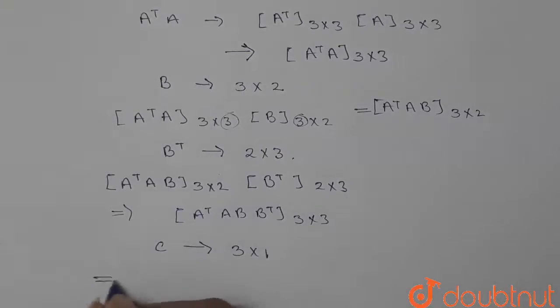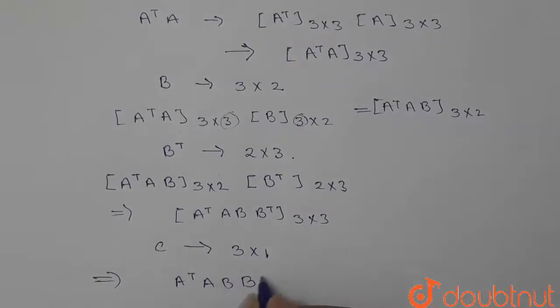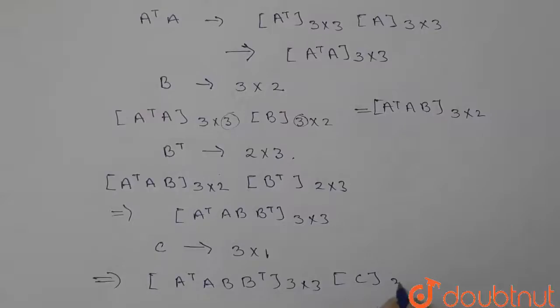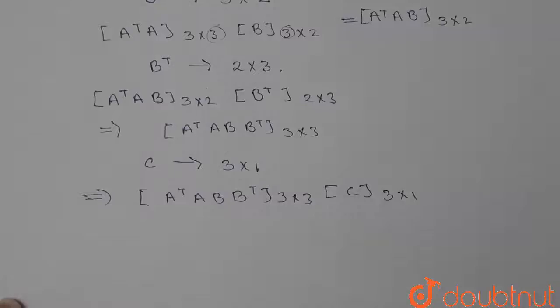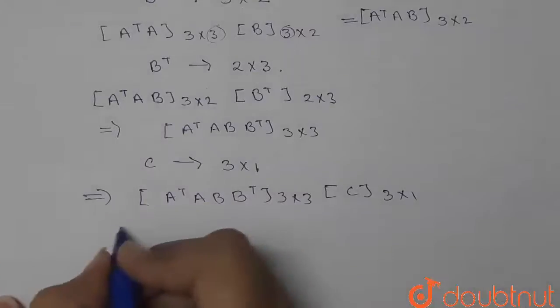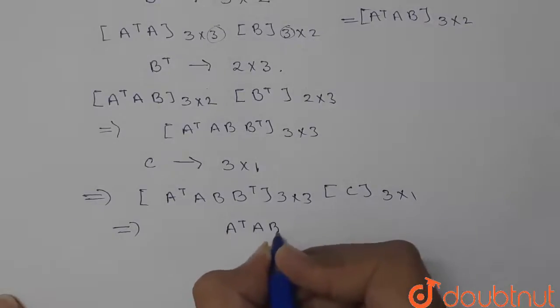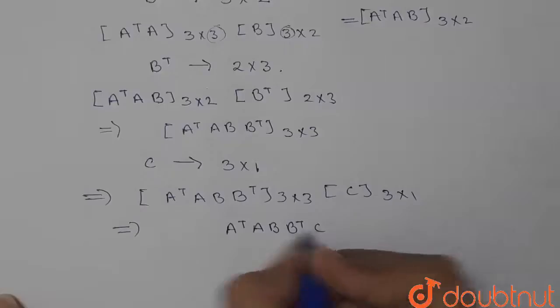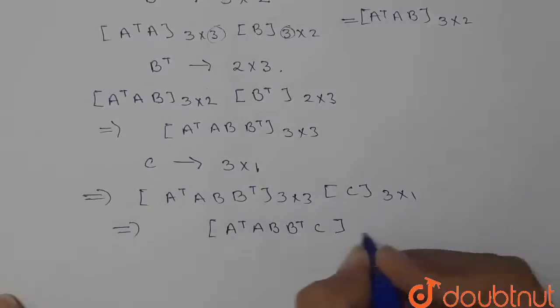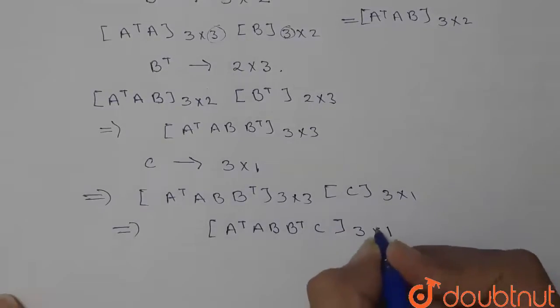That means we have this matrix A transpose into A into B transpose, whose order is 3 cross 3, and I'm multiplying this with the C matrix whose order is 3 cross 1. As we can see, this and this will get cancelled. So the resultant matrix, A transpose into A into B transpose into C, is coming as a 3 cross 1 matrix. Okay, that is also defined.